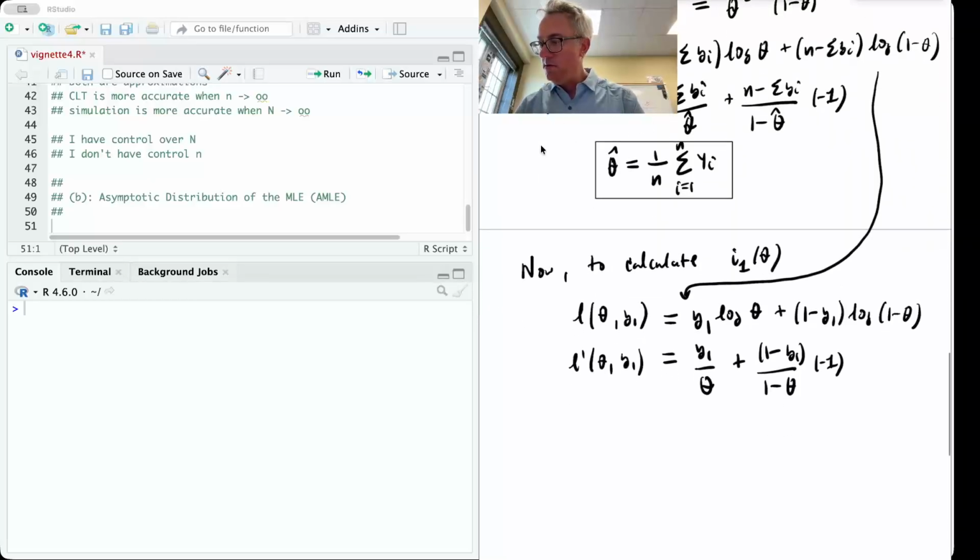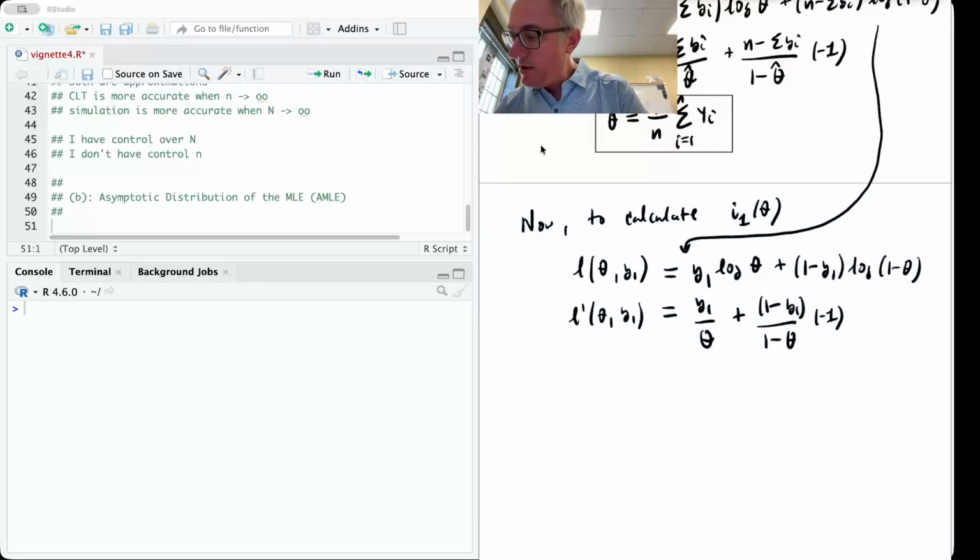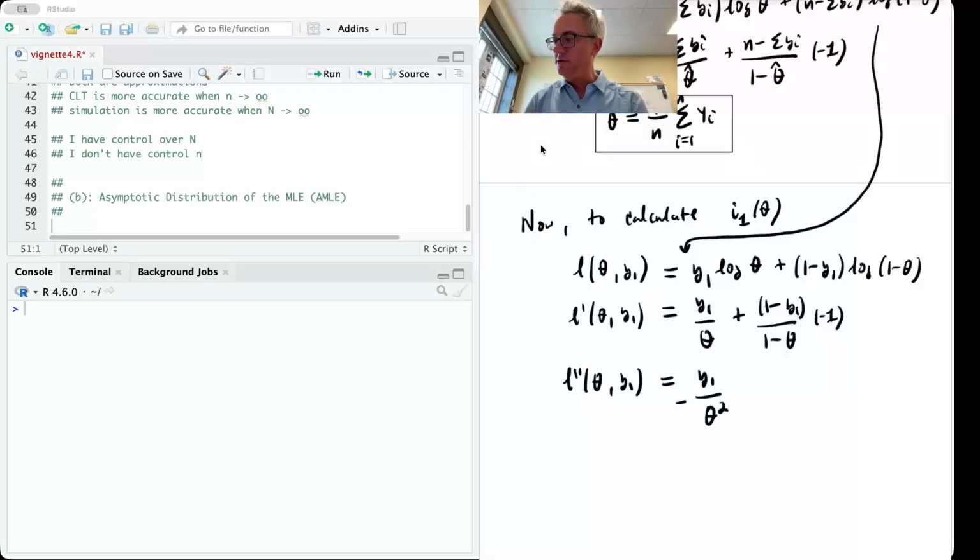Okay. Now I take the second derivative. So I'm going to get a y1 over theta, and I get a negative there from the denominator. Oh, it's y1 over theta squared.